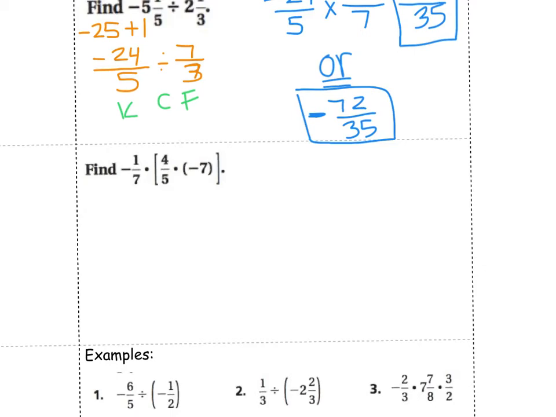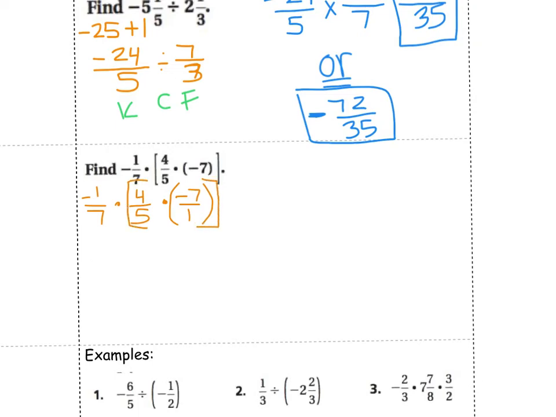So I'm just going to rewrite the problem. -1/7 times 4/5. And then times -7/1. Because remember, 7/1 is the same thing as just saying 7. So in this case, it's -7. And I'm going to add my parentheses, and then I'm going to add my brackets.